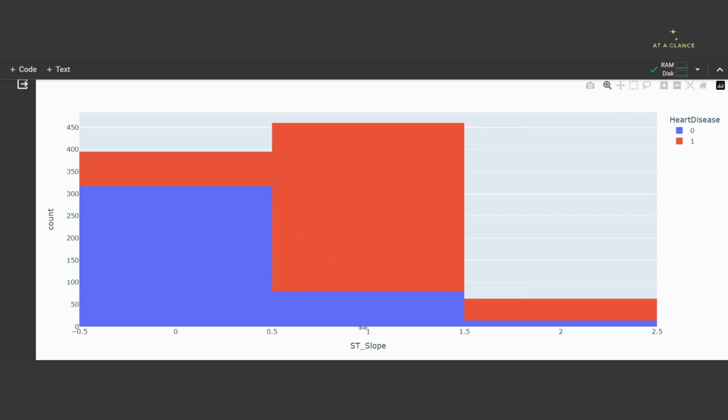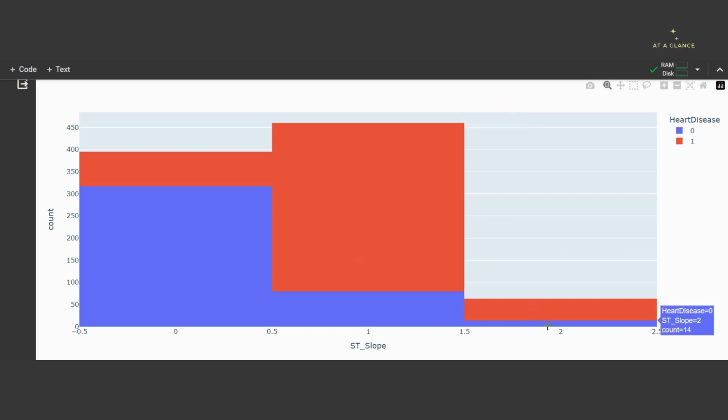Similarly, if we move on to the next, where the patients are having flat slope, here we can clearly say that as per the proportion, if the patient is having flat slope as their ST slope value, then in that case, there are very high chances that the patient will be having heart disease.